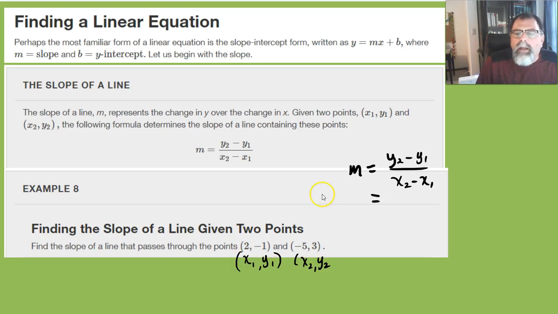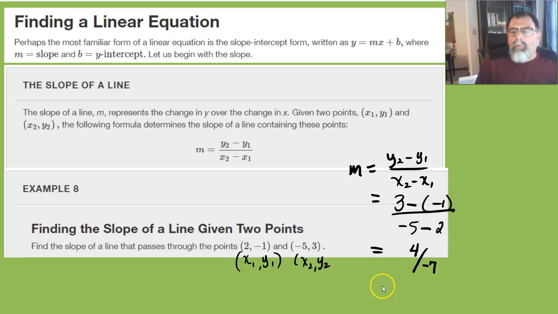So we're going to subtract y2 minus y1. So it's 3 minus negative 1 over x2, which is negative 5, minus x1, which is 2. So 3 minus negative 1 is 4. Negative 5 minus 2 is negative 7.